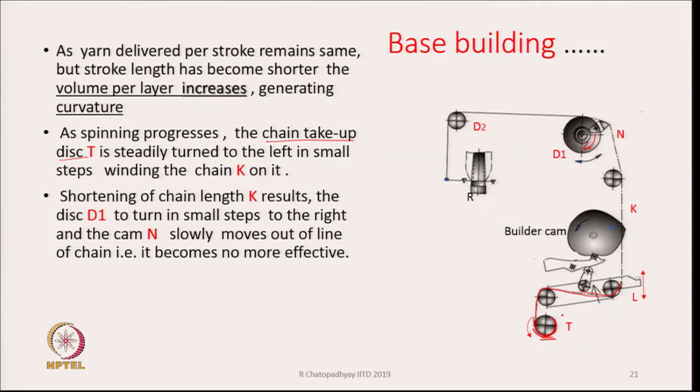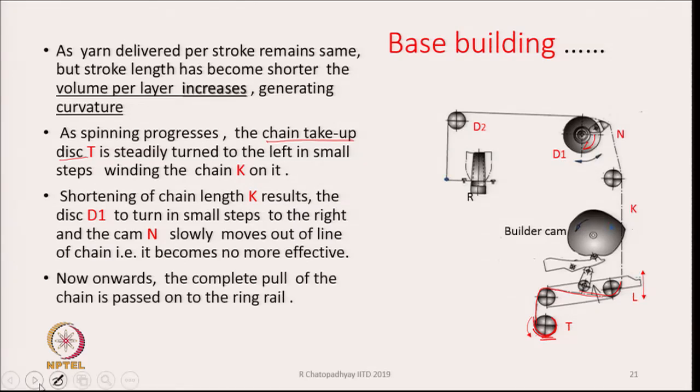As the disc D1 keeps turning in the clockwise direction, what will happen? A time will come when this projecting part, that is the cam, will be out of line from the line of action of the chain.